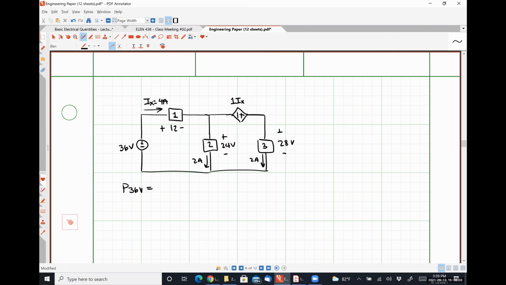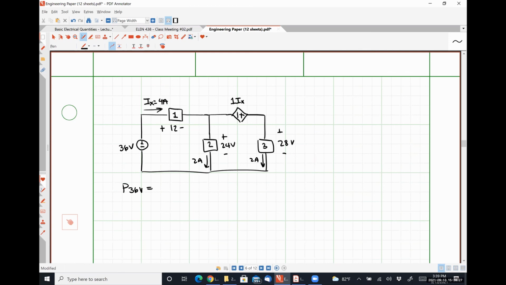We are being asked to calculate the power that is absorbed, right? That's what it says in the problem statement. So I'm going to take note of the voltage, and I'm going to take note of the current, both of their magnitudes, and then I'm going to take note of the direction of the current as to whether or not I need to apply the negative sign.